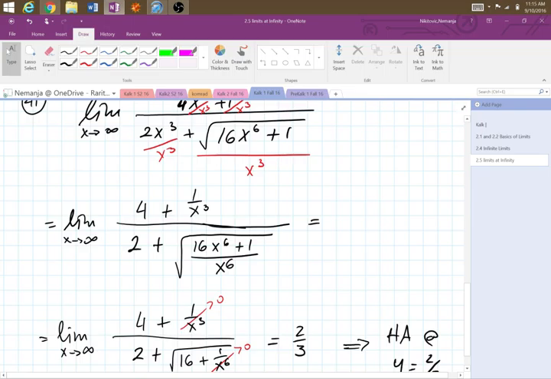Why? Because we know that if you have x raised to m raised to n, they multiply. So since we know that square root is 1/2, this means it's x to the 4th, everything to 1/2, which is x to the 4 times 1/2, which is x squared.